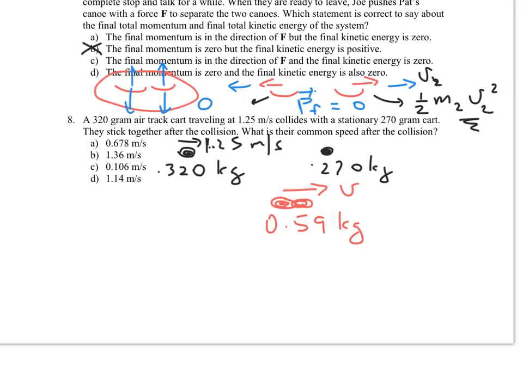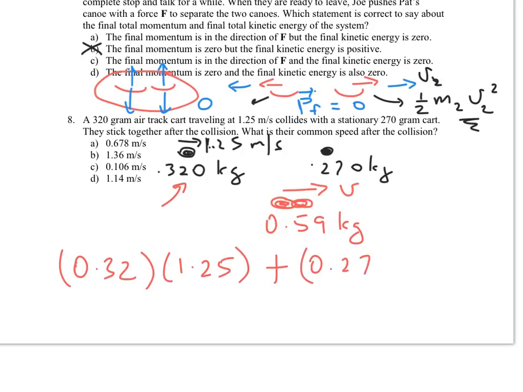So momentum conservation says that the linear momentum before the collision, which would be the first cart's mass, and if I call to the right positive, times its velocity, which is positive, plus the mass of cart 2 times its velocity, which is 0, must be equal to the total momentum after the collision, which is the total mass times its velocity.